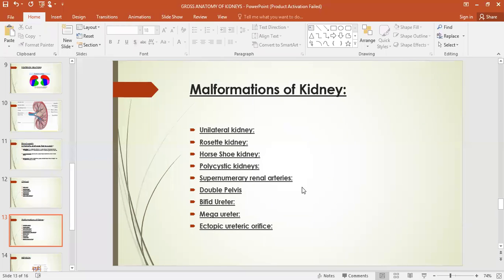Polycystic kidney: this is the condition in which there are multiple fluid-filled sac-like structures in the kidney, which is called polycystic kidney. And the supernumerary renal arteries: these are the conditions in which fetal renal arteries persist.